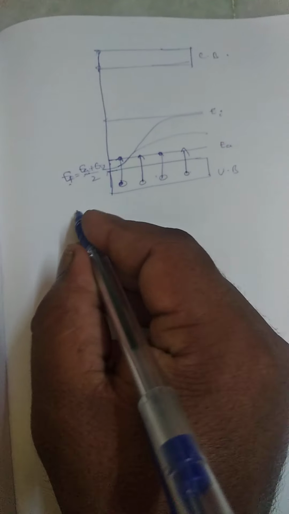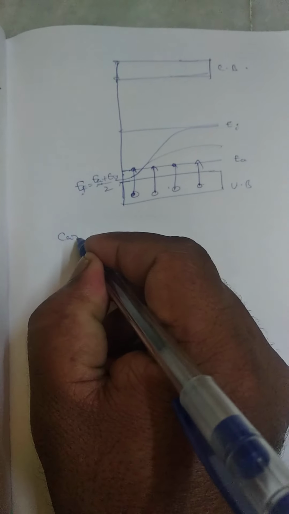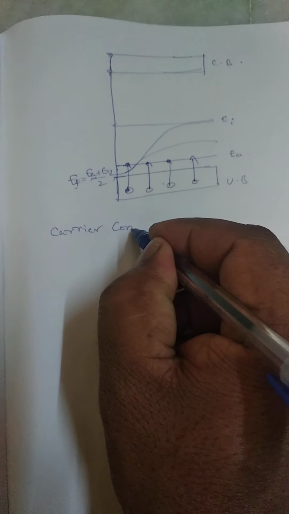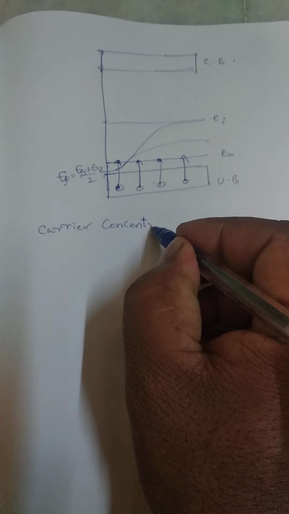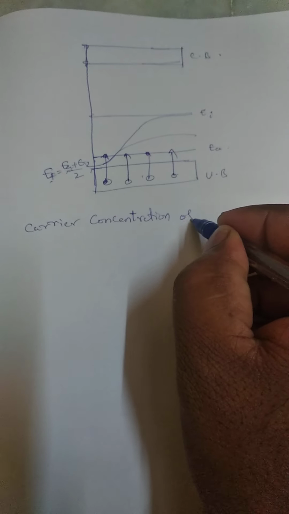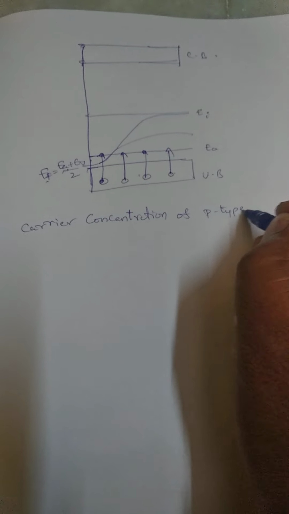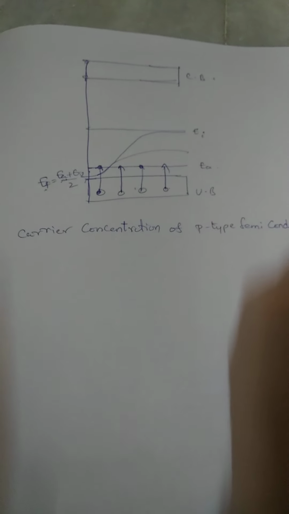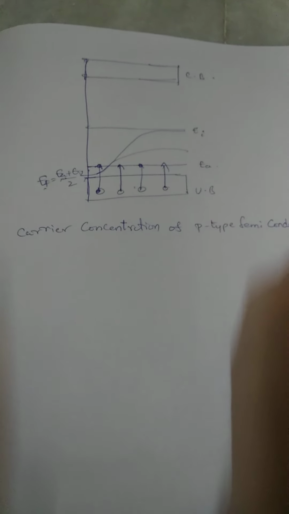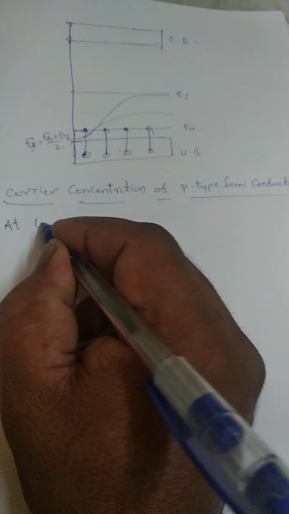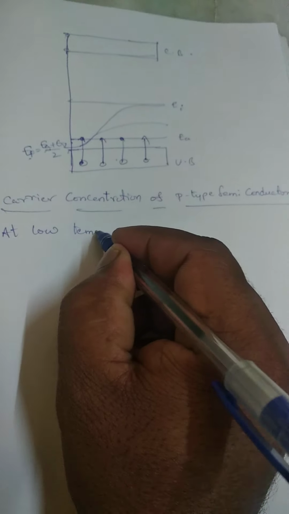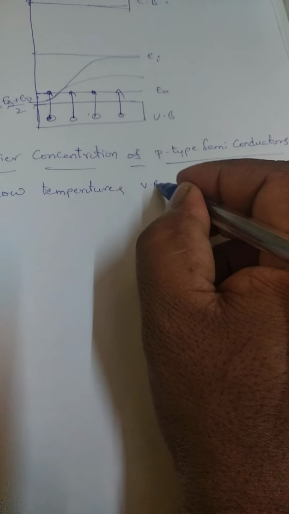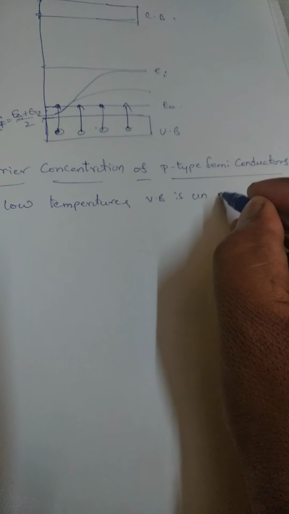Now we discussed carrier concentration of p-type semiconductors. At low temperature, valency band is unionized.